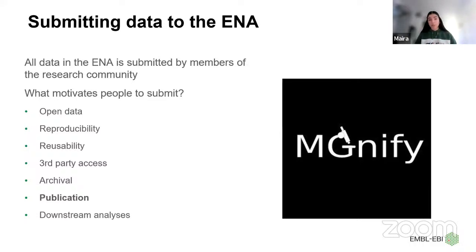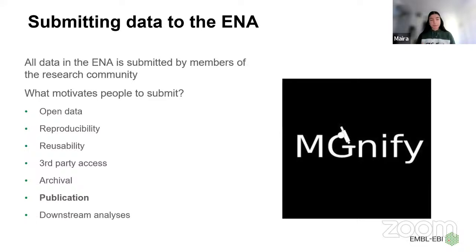Publication, of course, so the majority of reviewers these days require that your data be available in an open access archive. And that's where the ENA comes in. So this data would then be submitted to the ENA, and the project accession would be cited in your publication. You can also link your publication to your data on the ENA, and we will have a look at this in just a moment as well.